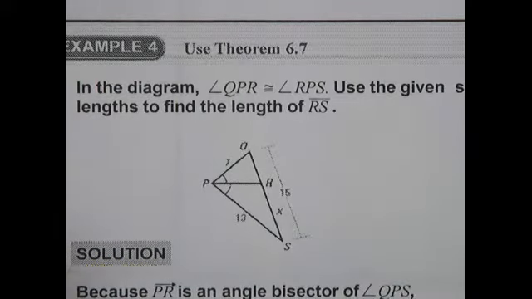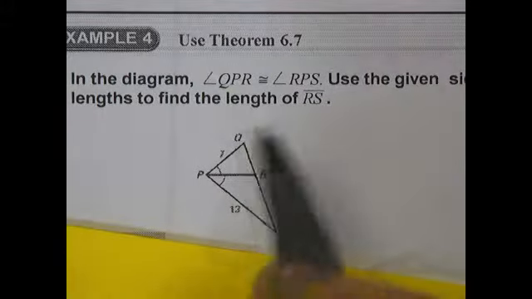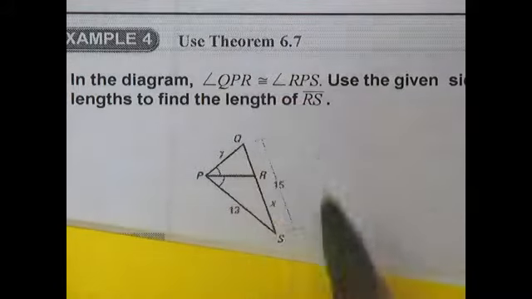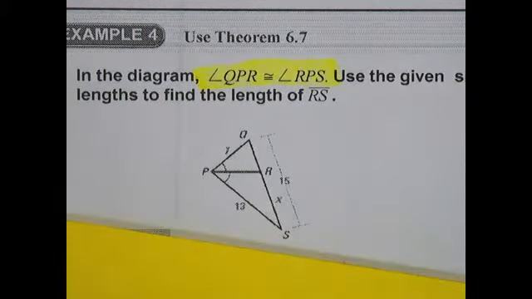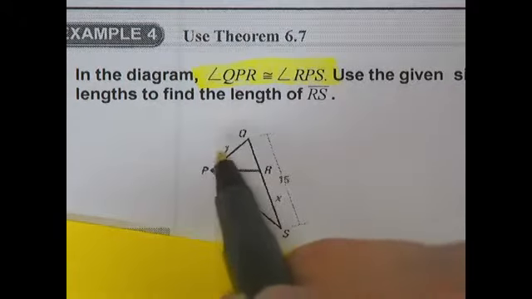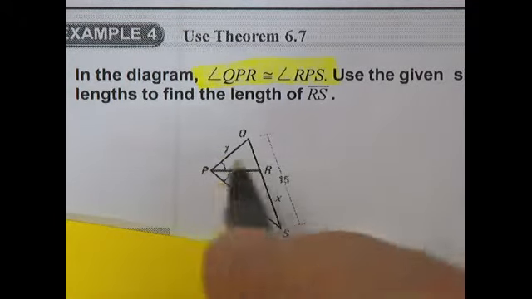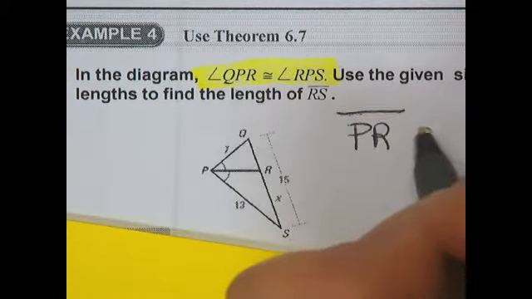Okay, so there's lots of different applications of this that we're going to look at, but the first one we're going to check out is this one. And it says, in the diagram, QPR is congruent to RPS. So whenever you have a given statement, you need to think to yourself, what is this telling us?